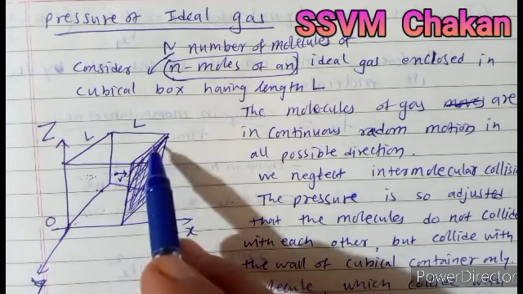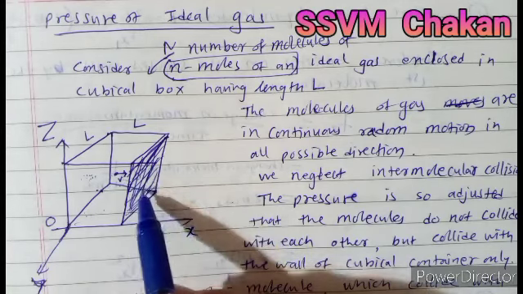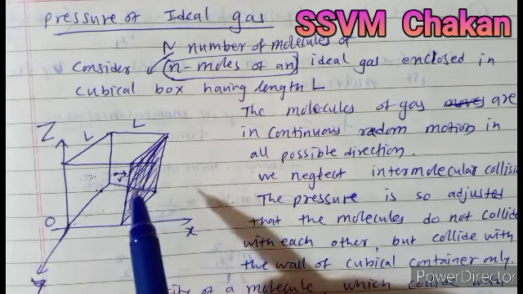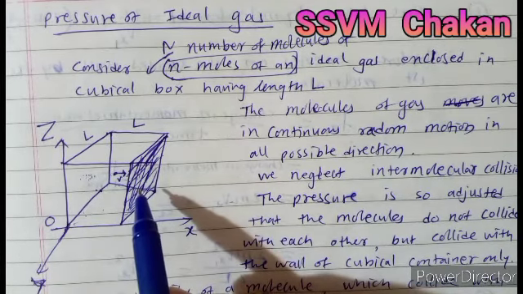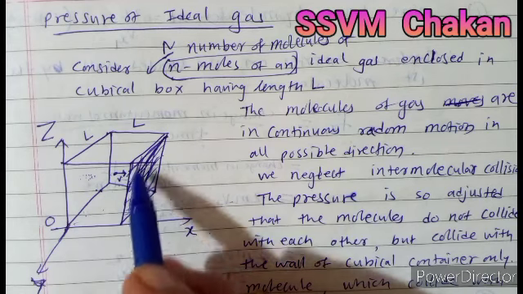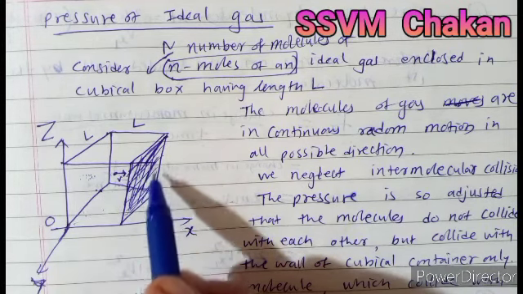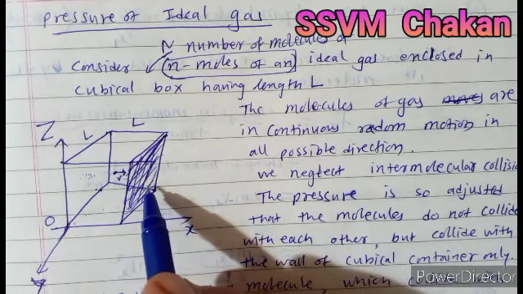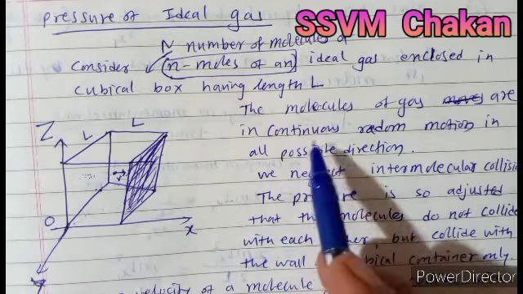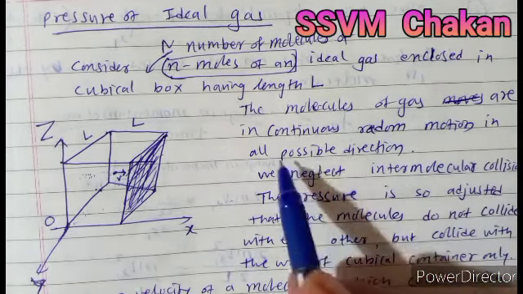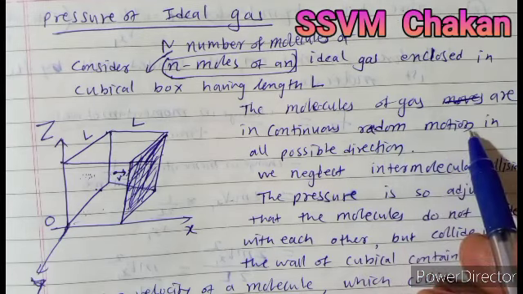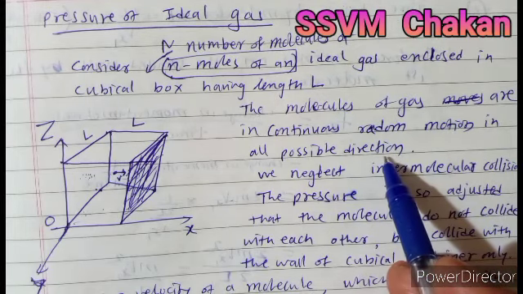We show one face of the cube as a shaded region. We calculate the formula of the pressure acting on this shaded face of the cube. The molecules of a gas are in continuous random motion in all possible directions.